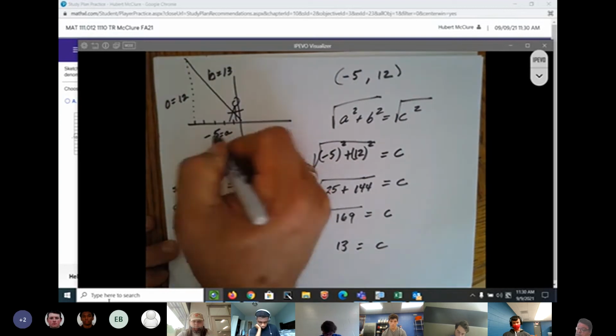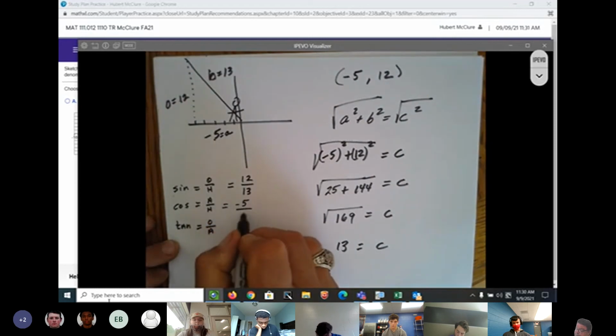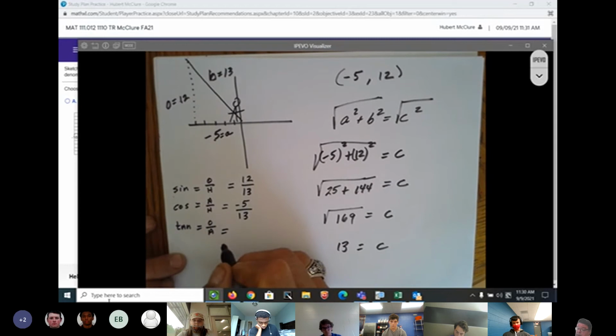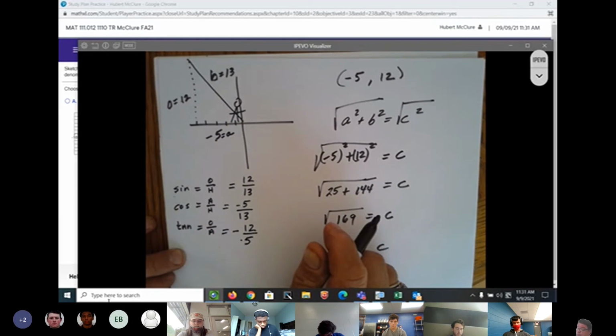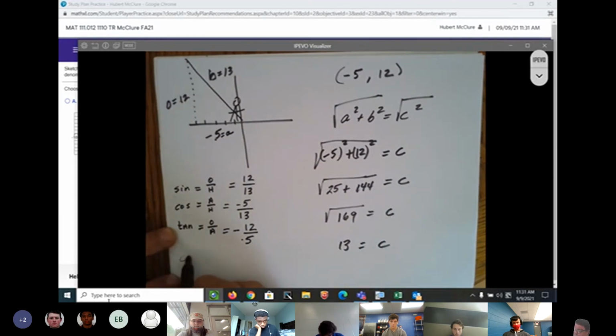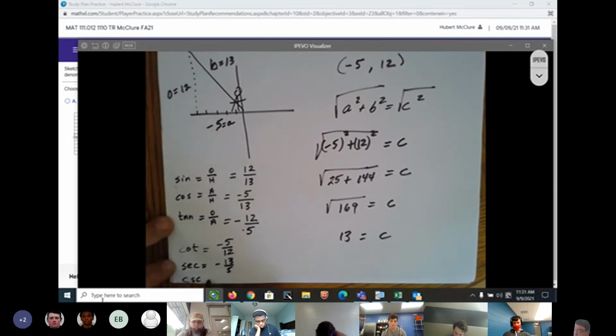A hunk, which would be -5 over 13. And of apple, 12 over -5. And then flip it for your cotangent, -5 over 12. For your secant, -13 over 5. And for your cosecant, 13 over 12.